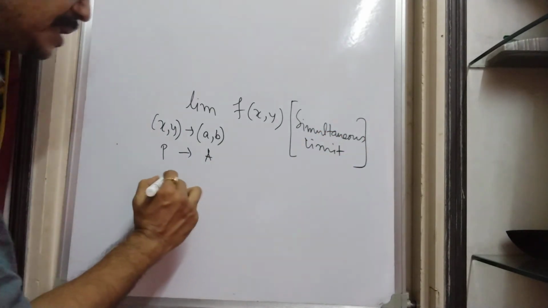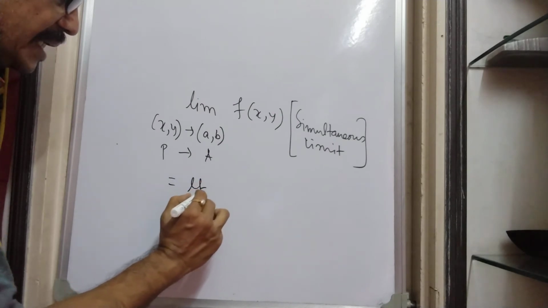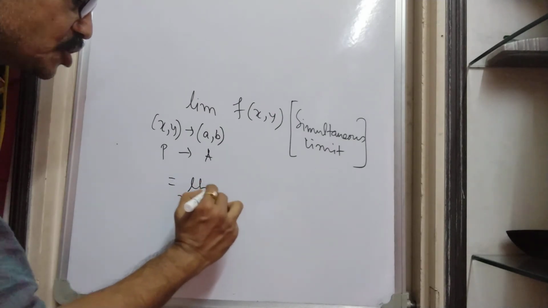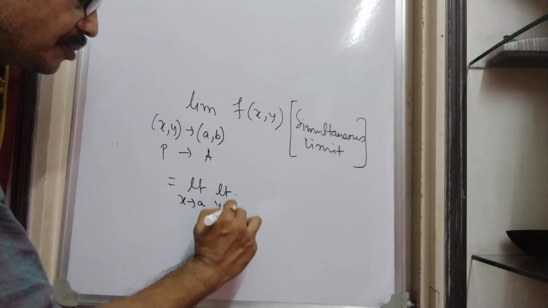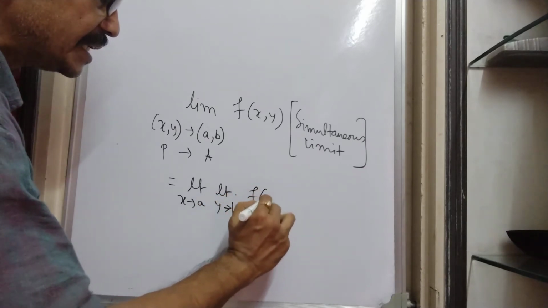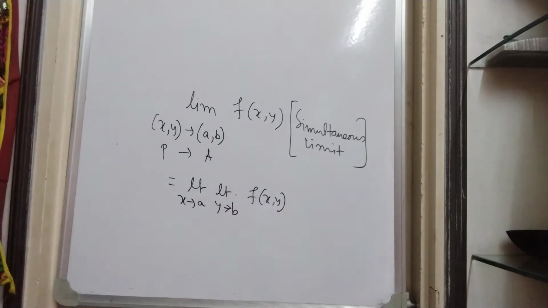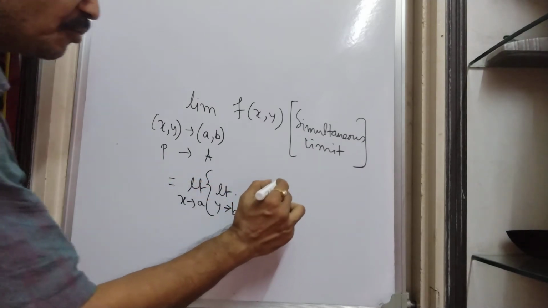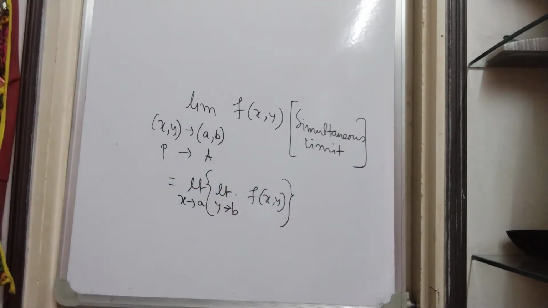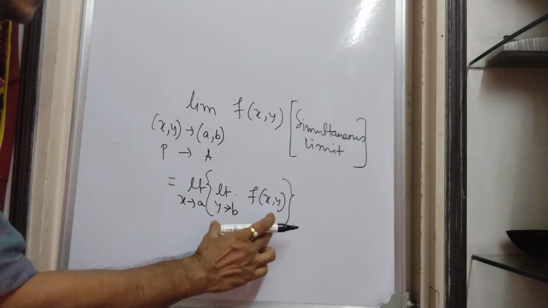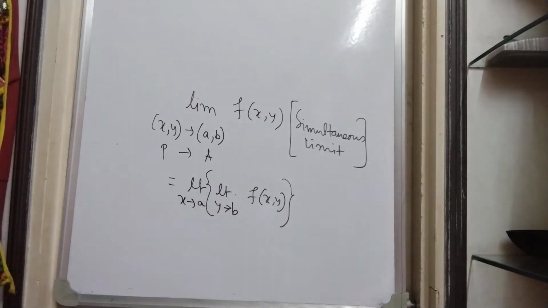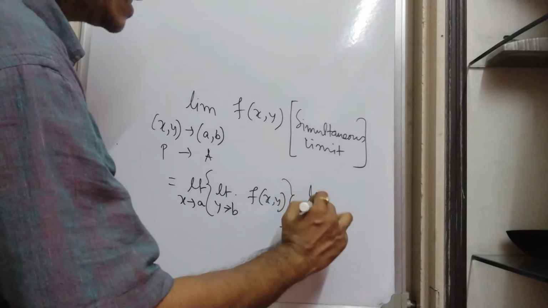While if we take the limit of x tends to a and the limit of y tends to b in a phased manner, that means we take the limit of f(x,y) as y tends to b first, and then the resulting function, which is obviously a function of x, is taken to the limit as x tends to a, then it is called an iterated limit.